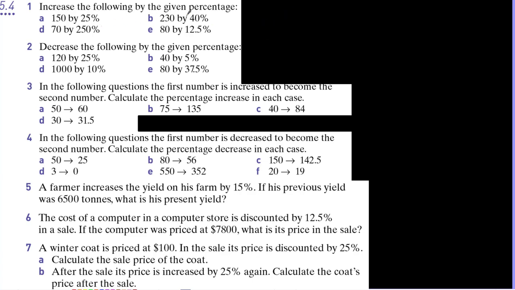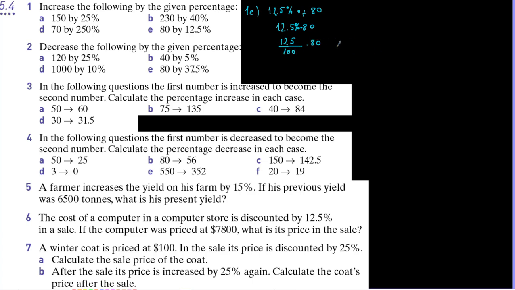Here first they increase the given number by a percent. If I choose, let's say, 1e, it says 12.5%. Increasing 80 by 12.5% means I have to find 12.5% of 80 firstly, which is 12.5 over 100 times 80.